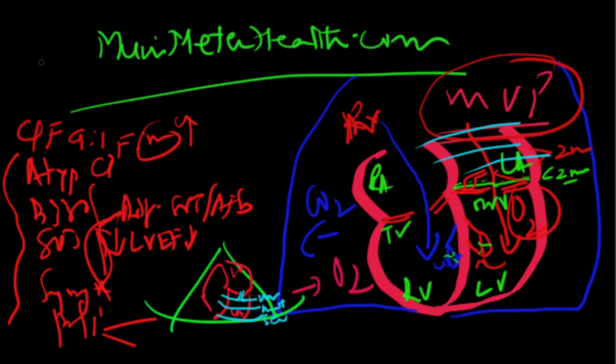Now, commonly asked questions on the boards, just for the people who are preparing for the exams, etc. And these are nice trivia also for colleagues like me. So if you have a 21-year-old female, for instance, presenting with atypical chest pain, dizziness, shortness of breath, etc., which test would you order? They could put a question like that. Basically, they want to know whether you're going to order an echo or a stress test.